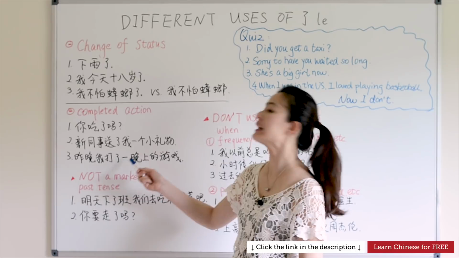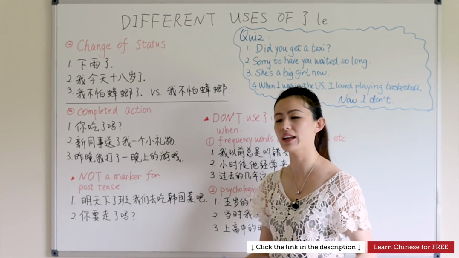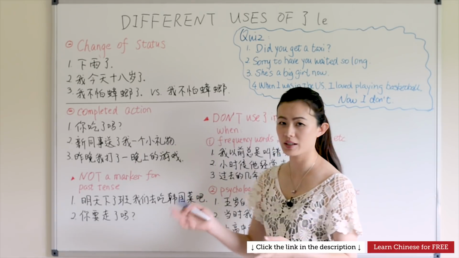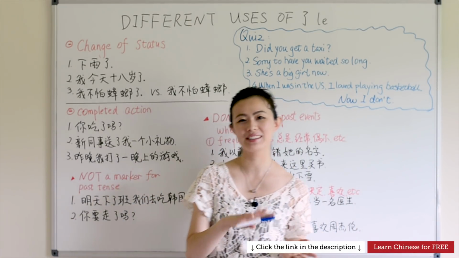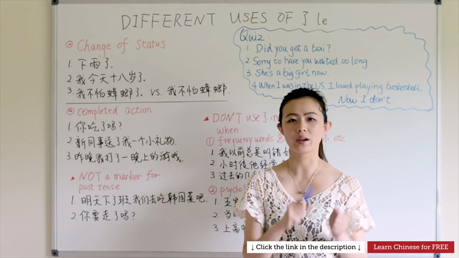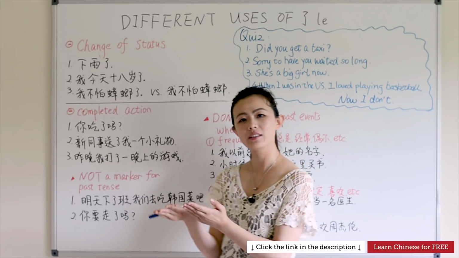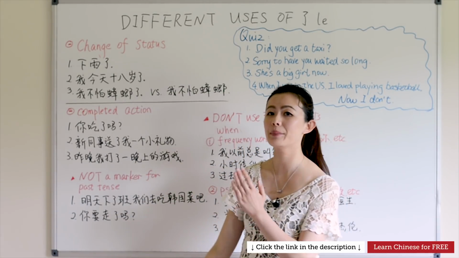So I played a game one whole night, all night long. I was playing a game. So this is also talking about something that happened in the past. It seems that with the verb plus the 了, you're definitely talking about something that happened in the past.